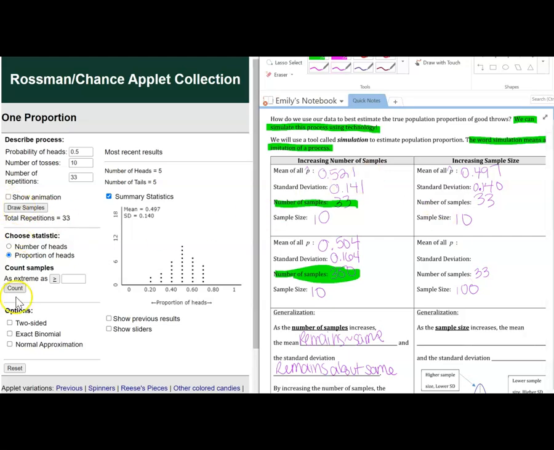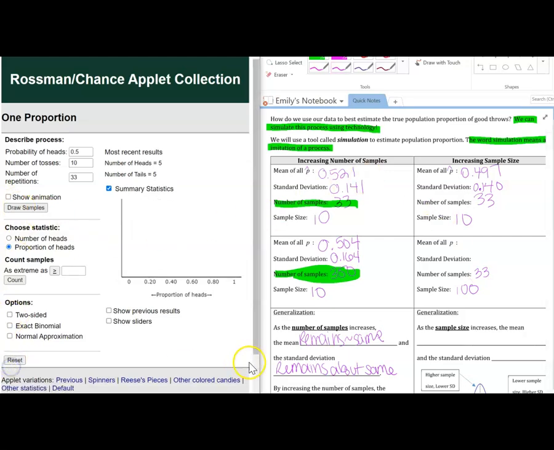Let's see what happens. So I'm going to reset this, start over. I'm going to keep this at 0.5 because I'm assuming that's the true population proportion. I'm going to change this to 100, but I'm still going to generate 33 dots. So number of repetitions correlates to my number of samples.